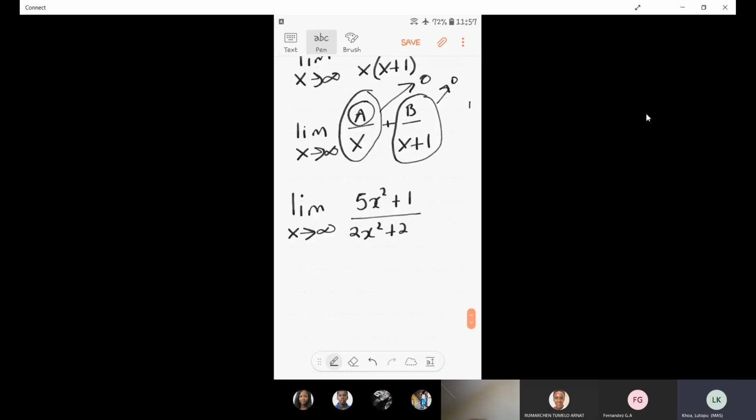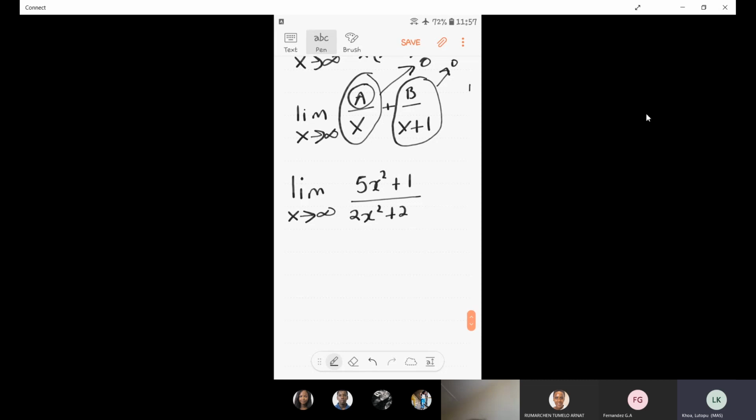Now if you look at this one, when x is going to infinity, in the numerator you have a parabola. It opens upwards. Okay, so your parabola in the numerator opens that way, it's going upwards. The same thing in the denominator, it opens upwards. So when your x values are increasing, you can see that the y values are going to infinity. They're getting bigger and bigger.